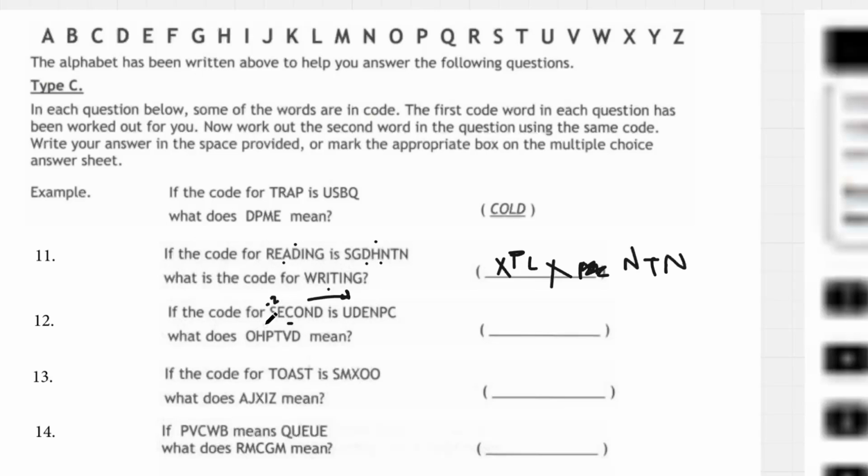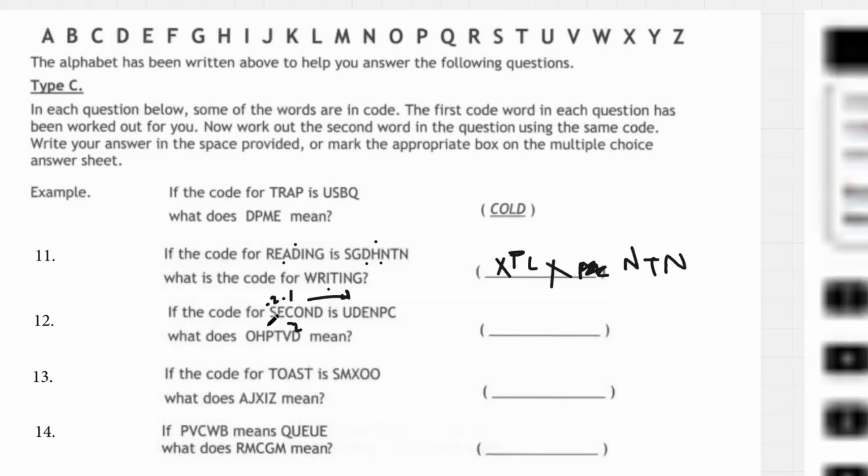D to E is going to be -1. And then E to C is going to be -2. And then N to O is going to be +1. So we're changing our pattern, which means we do have to go one by one.